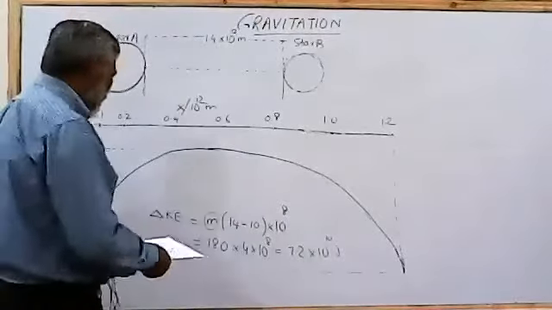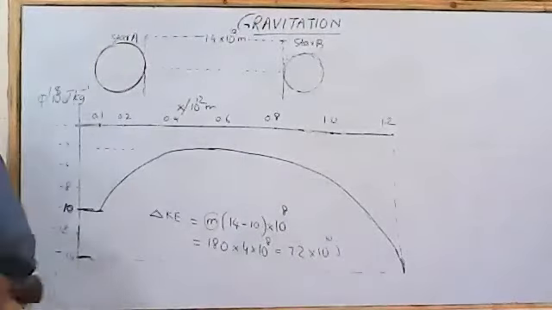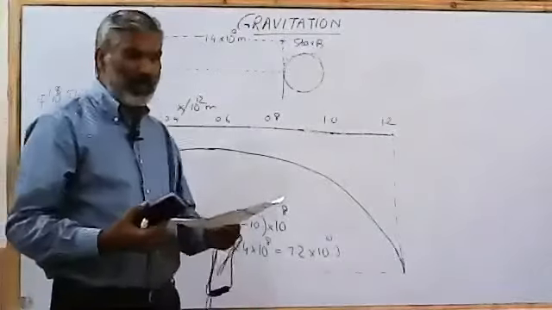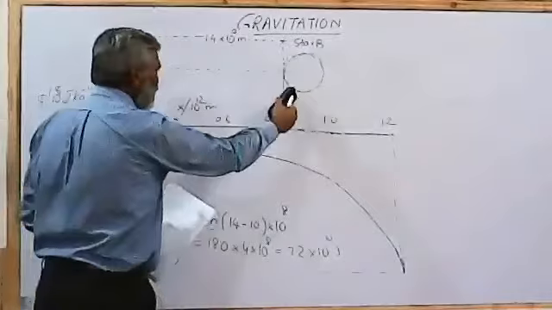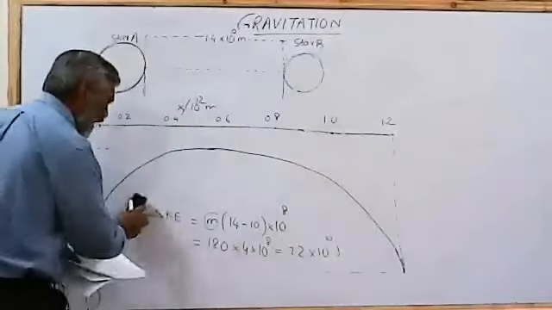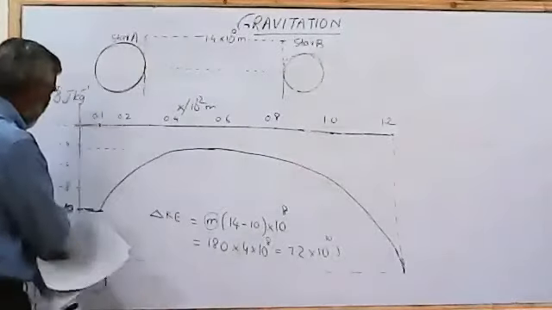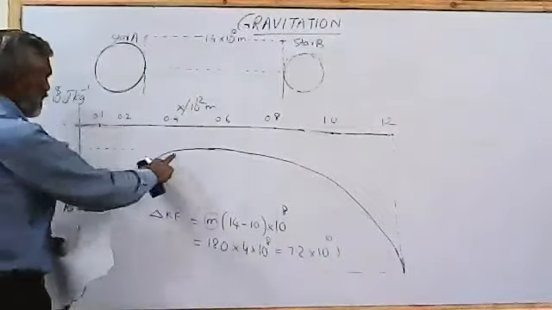So if we are required to calculate the minimum speed with which to throw an object so it reaches this surface, we have to consider the change between this and this value.